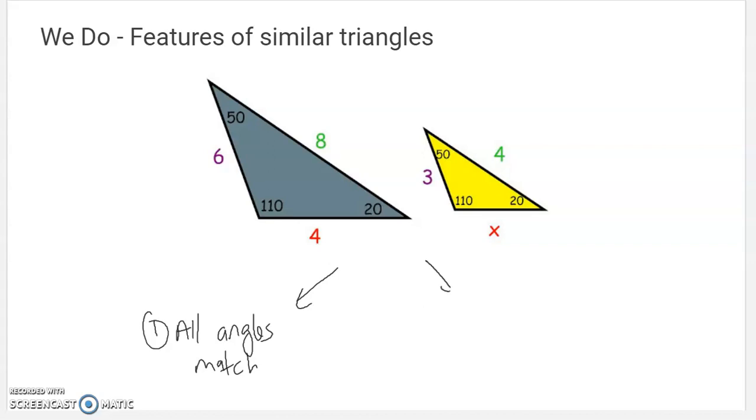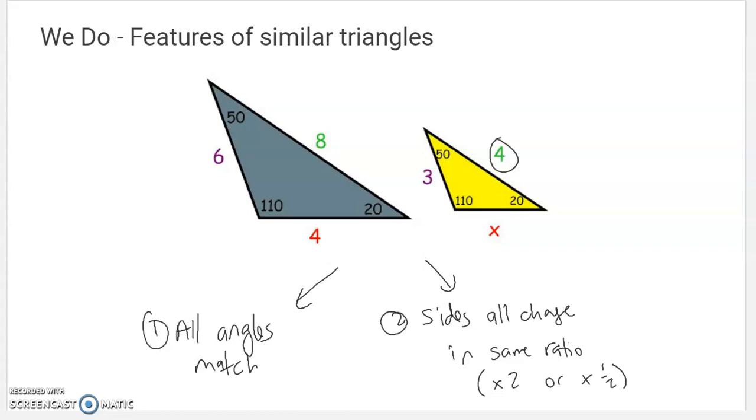And then the second feature is the sides all change in the same ratio. In this case, it is ×2 or ½ depending on which way you went.